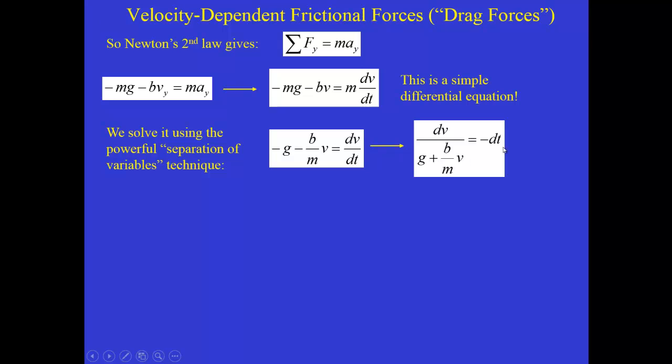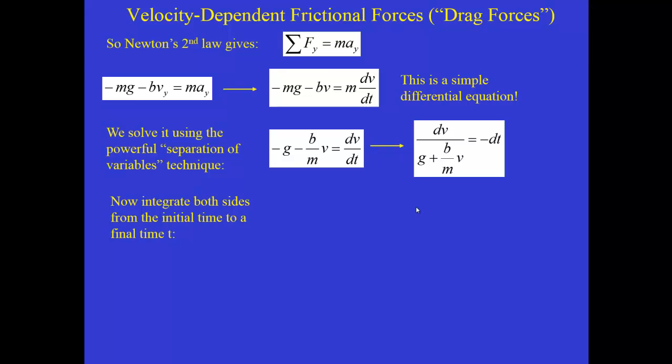And so once you've gotten to this point in a separation of variables problem, now you realize that this equation tells me how a differential change in time, dt, produces a differential change in the velocity, dv, but it depends on how large the velocity is. So when I get to this point, I integrate both sides of the equation from some initial value to some final value.